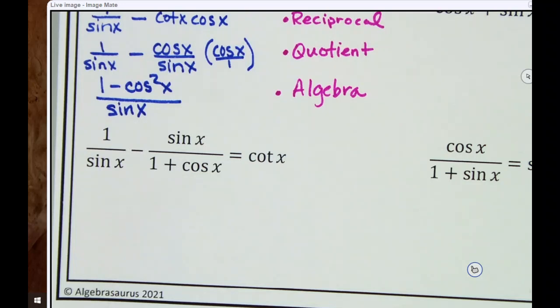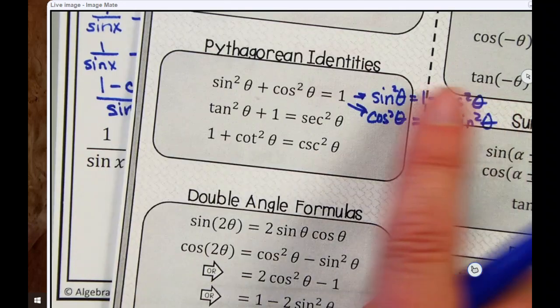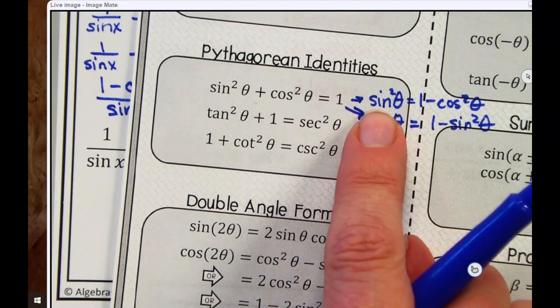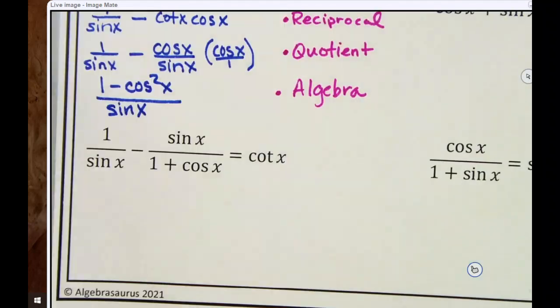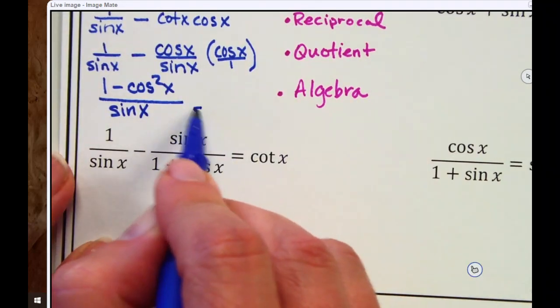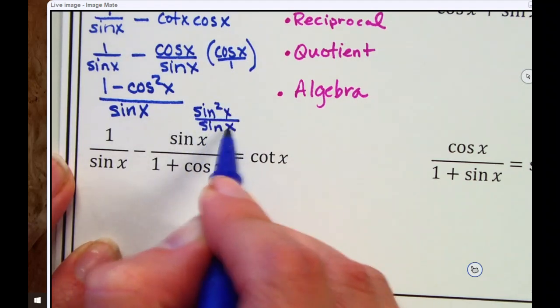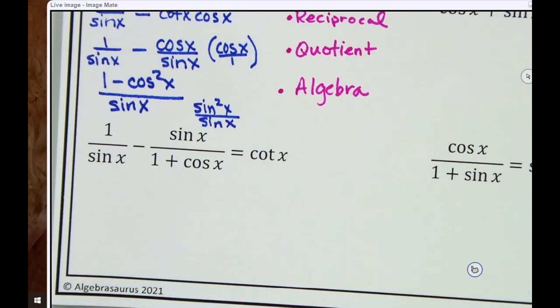One minus cosine squared x sure feels like it should equal something. I'm going to come and I'm going to look over here. 1 minus cosine squared x, what does it equal? Sine squared. So now I can say that that is, I'm running out of room, sine squared x over sine of x. What property did we use?